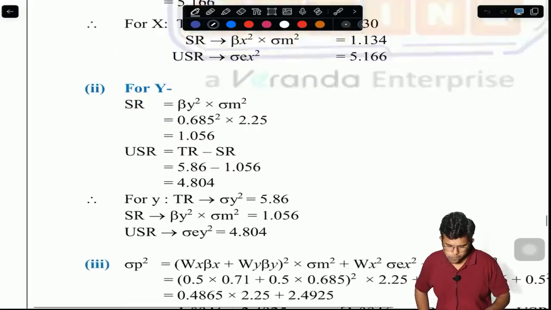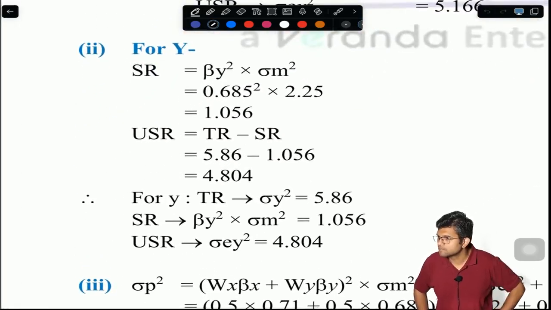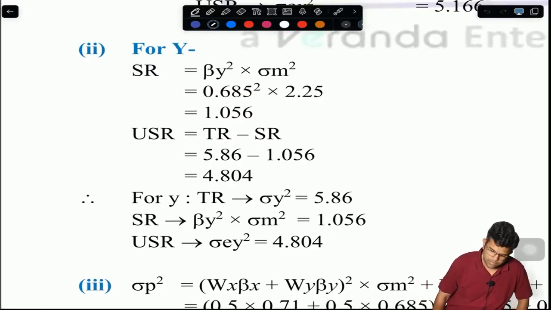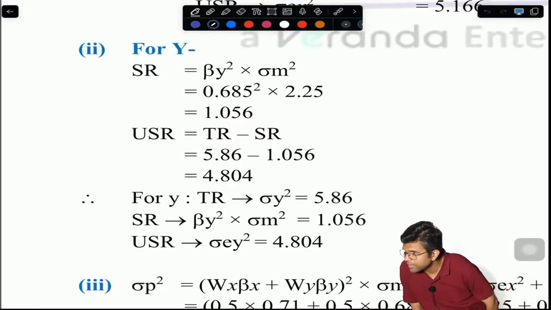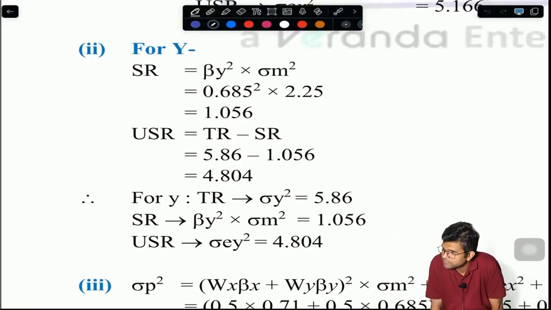Why is total risk 5.86 given in the question? Systematic risk 1.056.